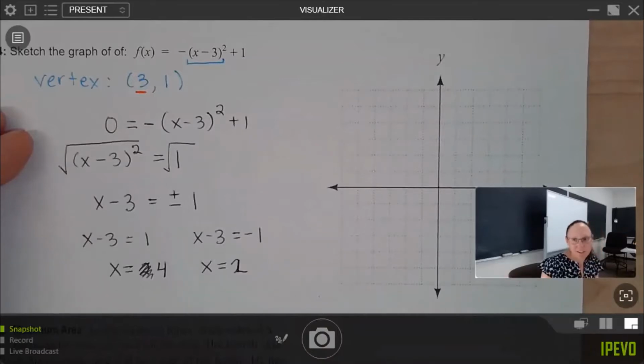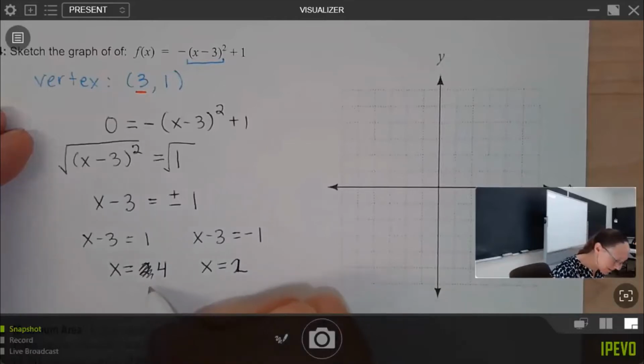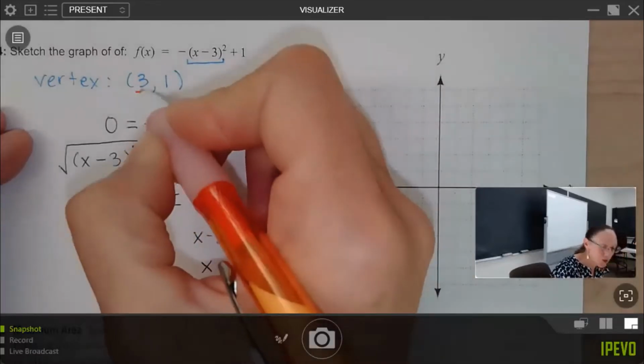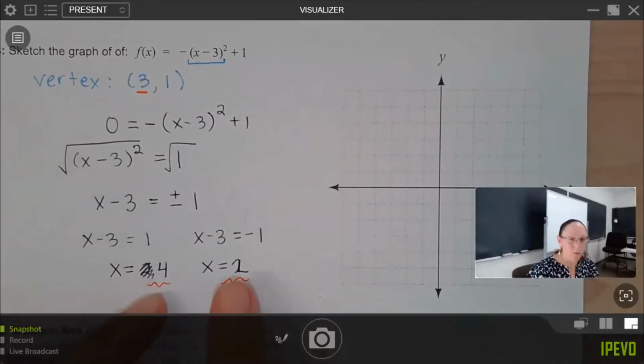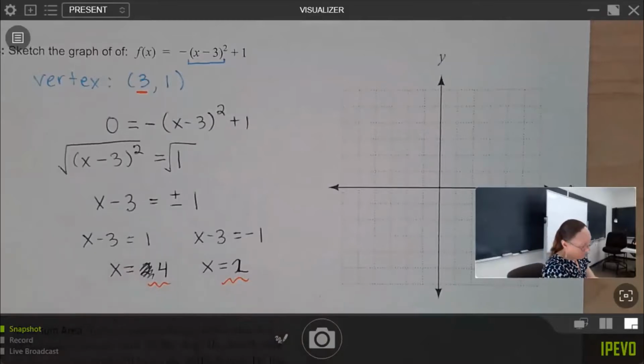We don't always have two x-intercepts, but if we do, then the vertex should always be exactly in the middle. So when I wrote 4 and 1, I was like, oh wait, 4 and 1 doesn't make sense. 3 is not exactly in the middle of those two. I think it's good to be able to catch your own mistakes, so I figured I'd point it out.